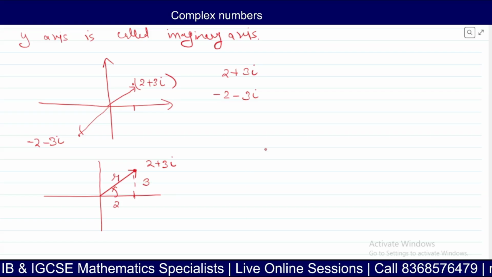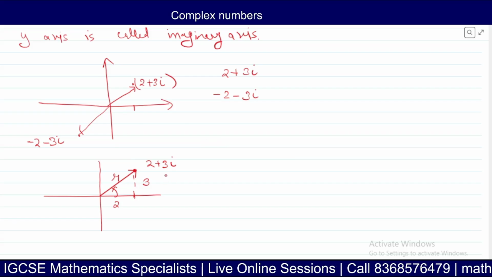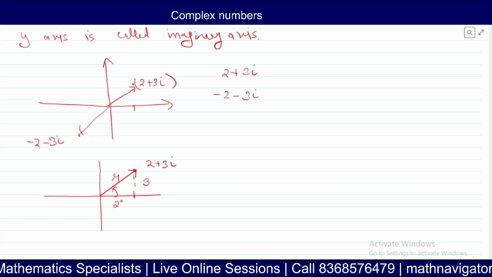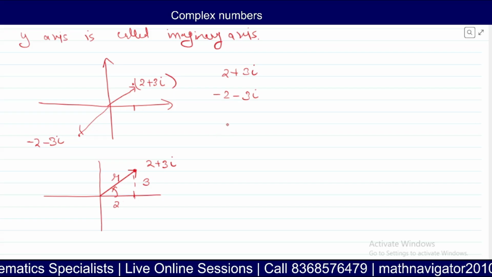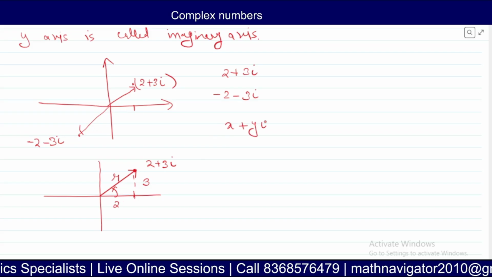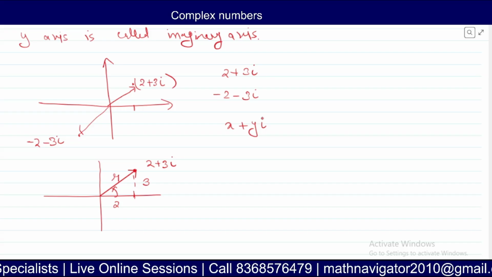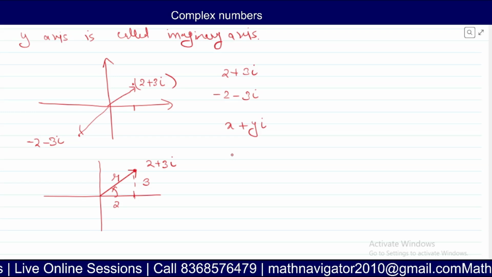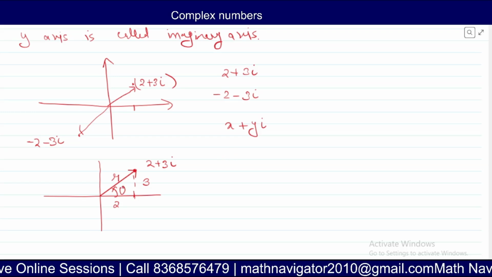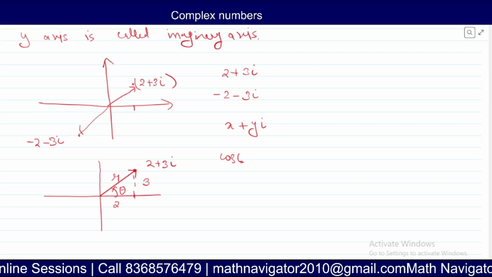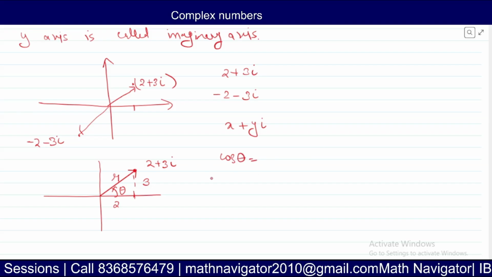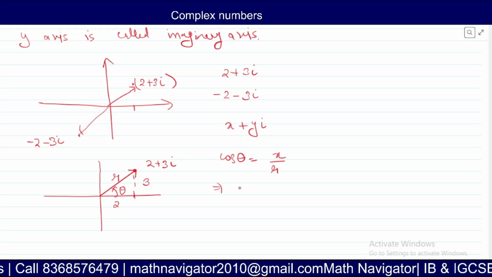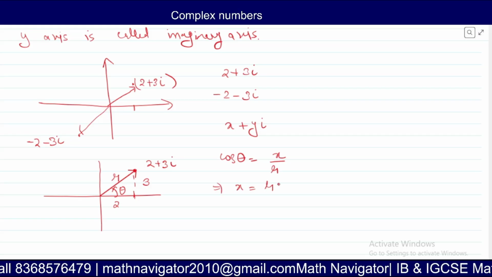Now I can represent this complex number in the form, like this point can be written as, if I take x, so basically this complex number is x plus yi, right? So let's call this x. So let's call this angle theta. So cosine theta is equal to adjacent over hypotenuse. So x is equal to r cos theta.